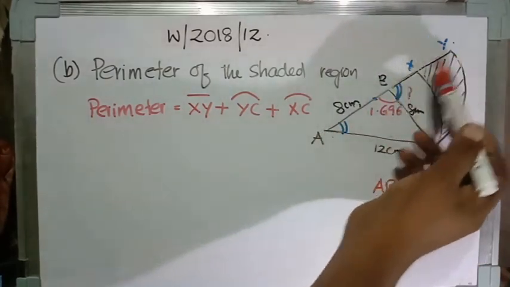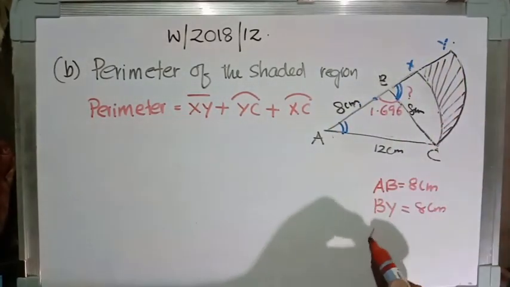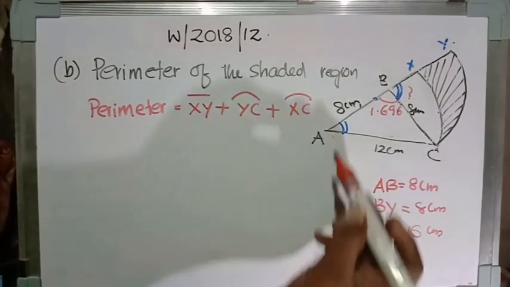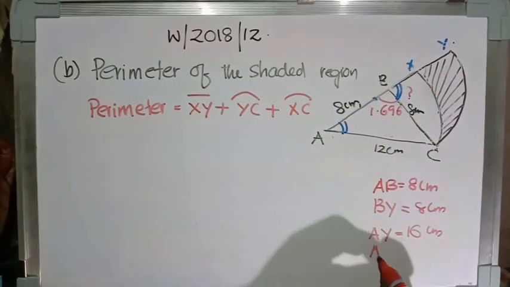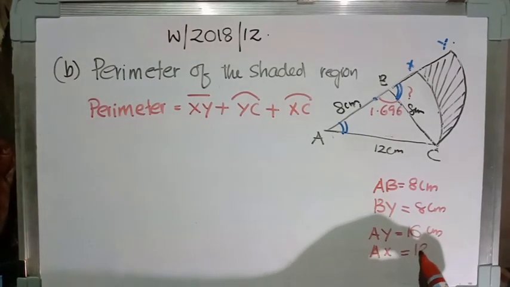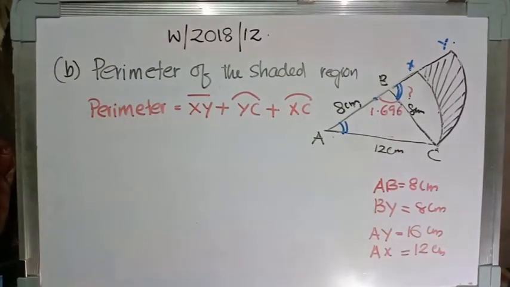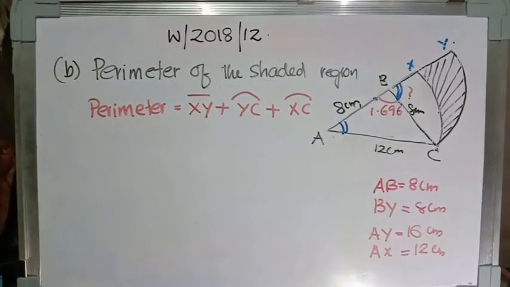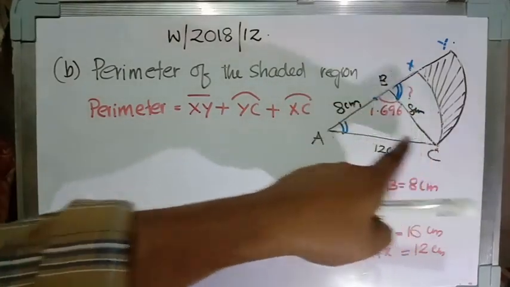So what is the length AY? AY is nothing but 16 centimeter, and you know that AX is 12 centimeter. It's given in the question because AC is 12 centimeter, which is the same as AX, because both are the radii of the sector AXC.